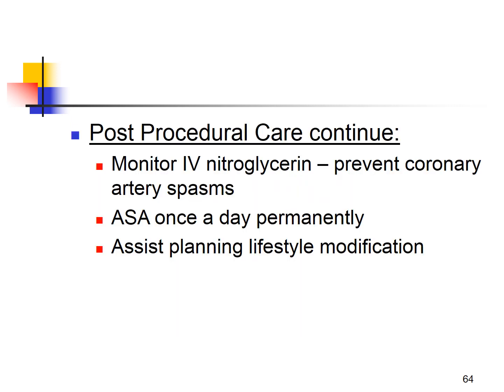Post-procedure care, again, so we're going to monitor the IV nitroglycerin, and usually that is given by a registered nurse, because we want to prevent any coronary artery spasm. And then aspirin once a day, that's a permanent thing. And then assist in planning lifestyle modification, because you have modifiable and non-modifiable risk factors: the diet and exercise, keeping the blood pressure stable, keeping your cholesterol level normal.